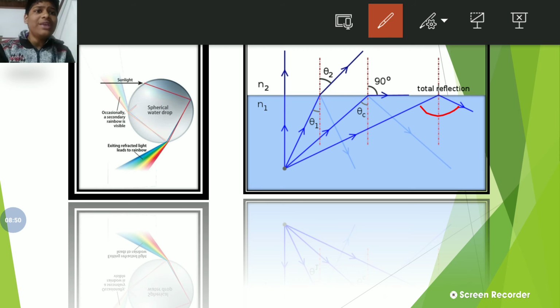If it is showing a reflection instead of refraction, then that reflection is called total internal reflection. That is nothing but total internal reflection.